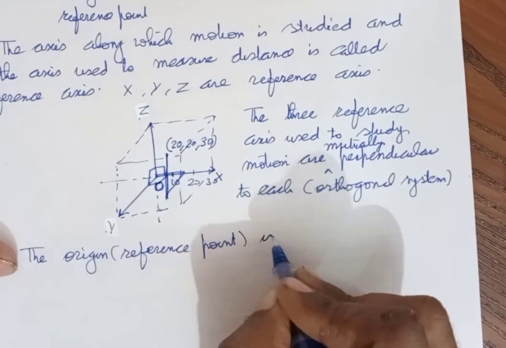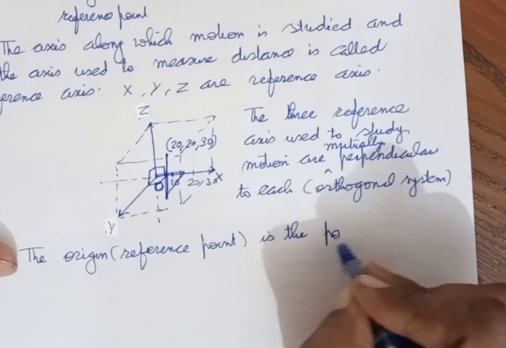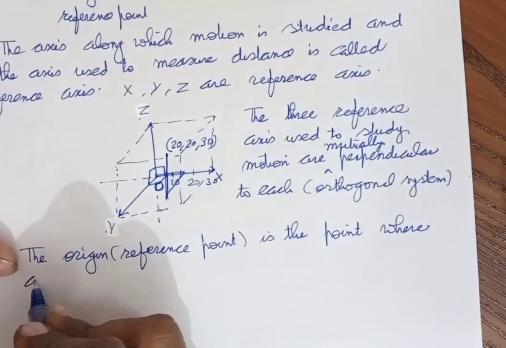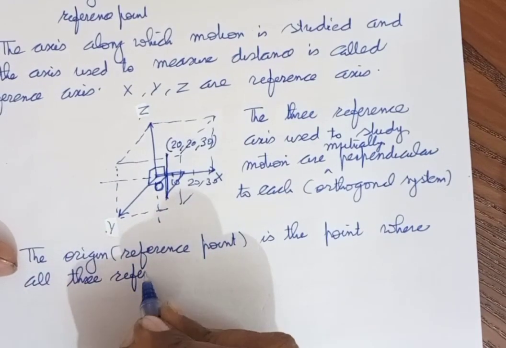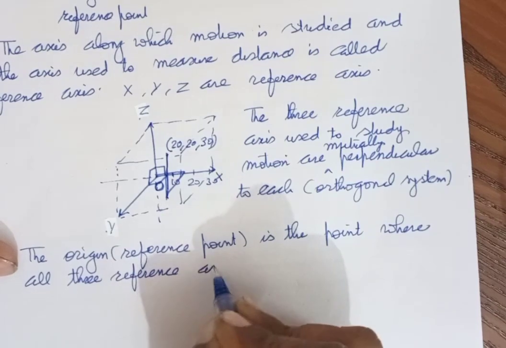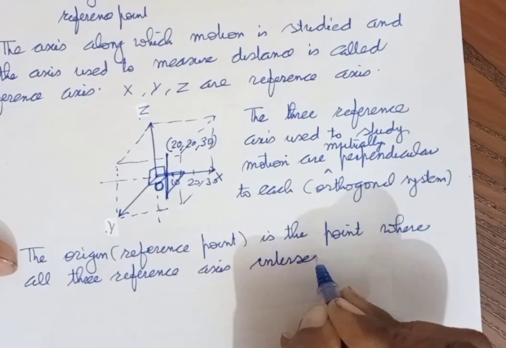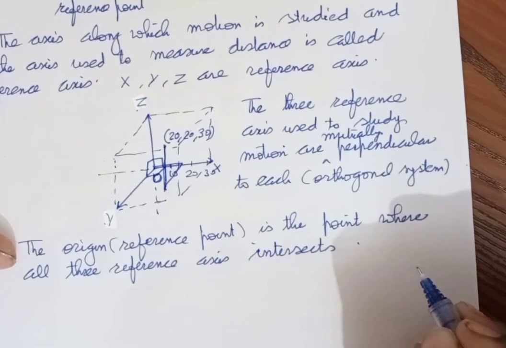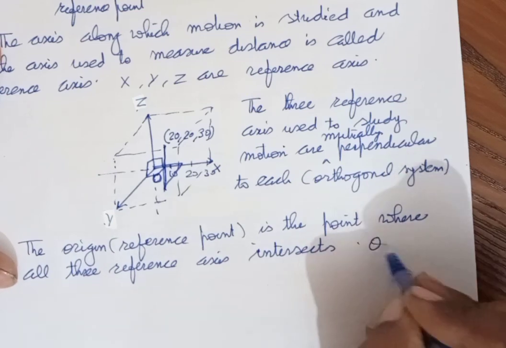The origin is the point where all three reference axes intersect and all measurements of distances starts from origin.